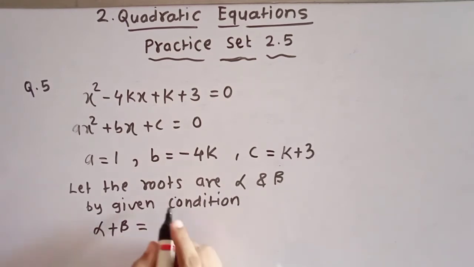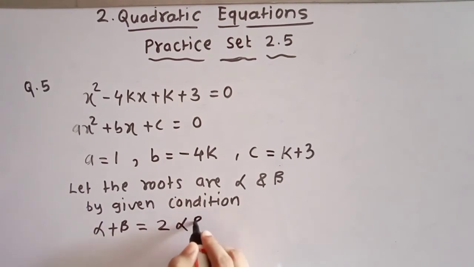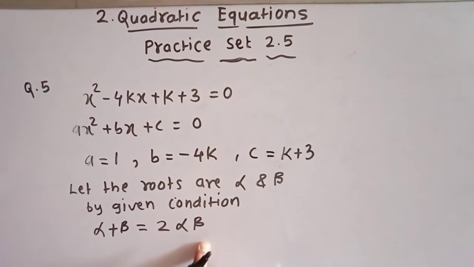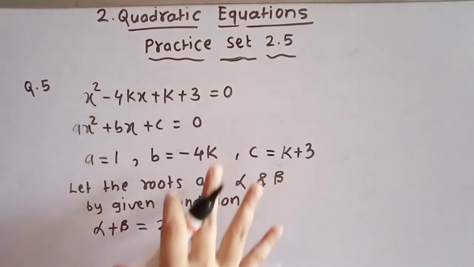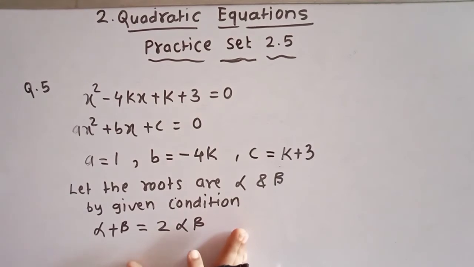Product is alpha beta, double their product means 2 times alpha beta. Yes or no? This is the given condition. Now find k. They ask the value of k. So this much part is clear to you. This is the interpretation of the question.